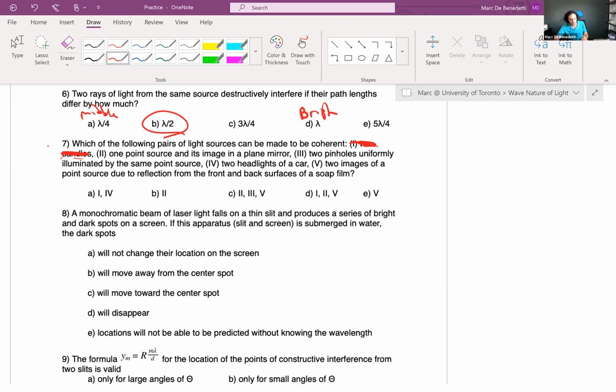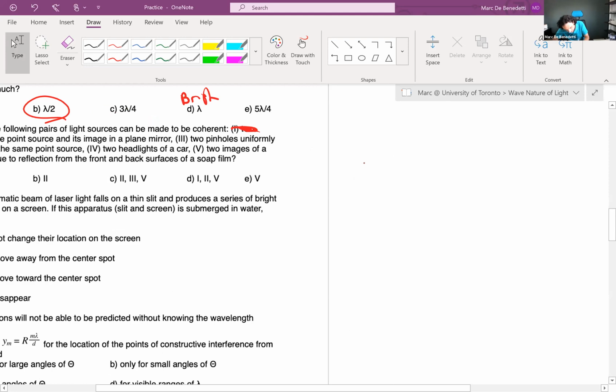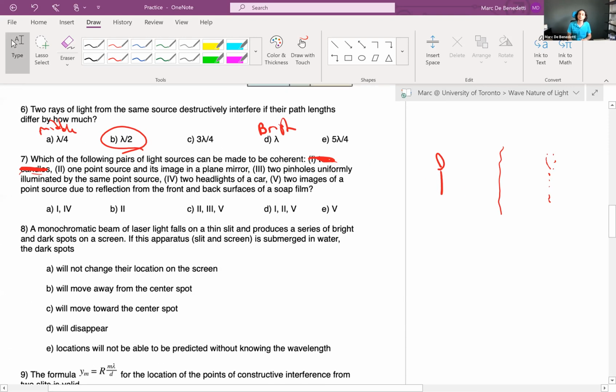One point source and its image in a plane mirror. So if I had a candle and a mirror and then the image of a candle, could that possibly be made to be coherent? The answer is also no, because when the light wave hits a solid object, it reverts to be out of phase. So this is out of phase.